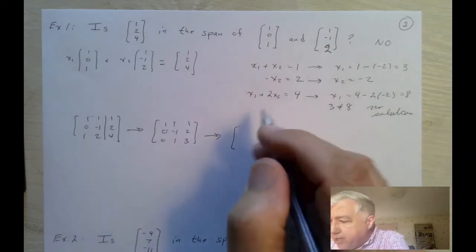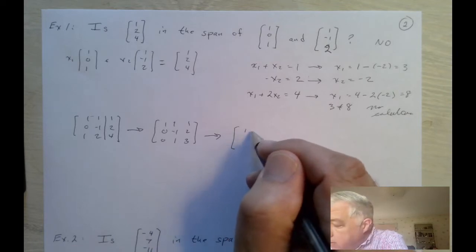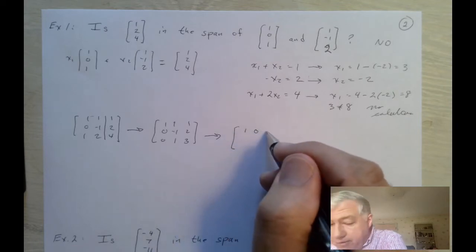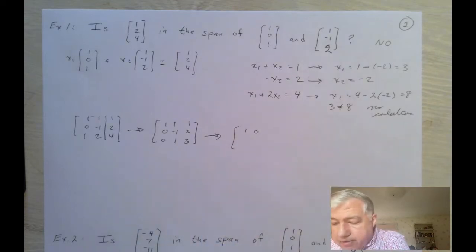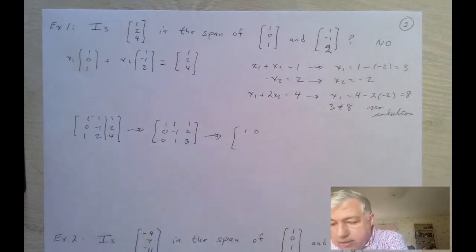We do two operations at once, and we get 1, 0, 3. Let's see if that's what happens. Yes, it does.